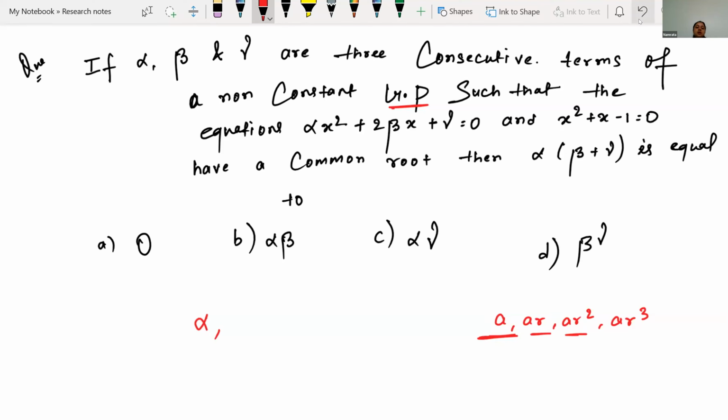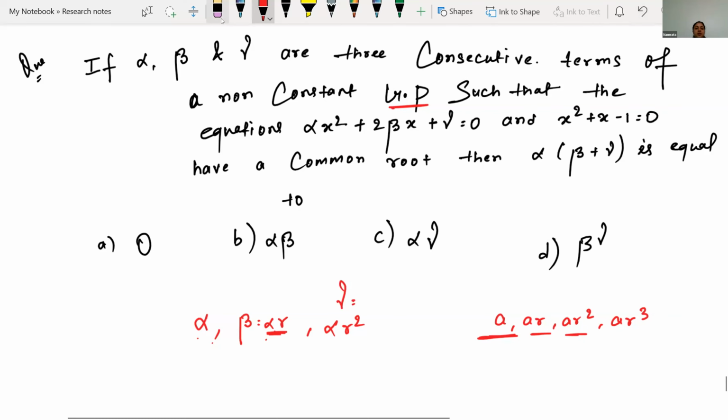The next term, that is beta, can we take it as alpha times r? Yes, ma'am. Because there must be a common ratio. So if the first root is alpha, the other root will be alpha r, and another root will be alpha r square, right? Yes, ma'am. So beta is equal to alpha r, and gamma is equal to alpha r square.